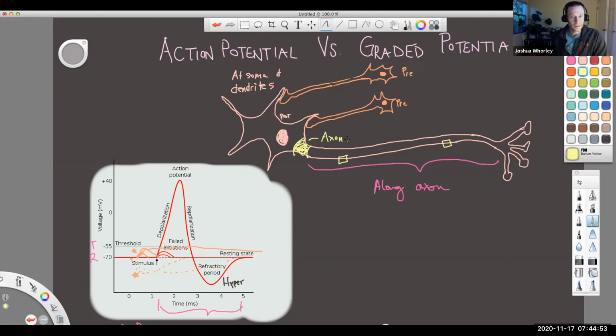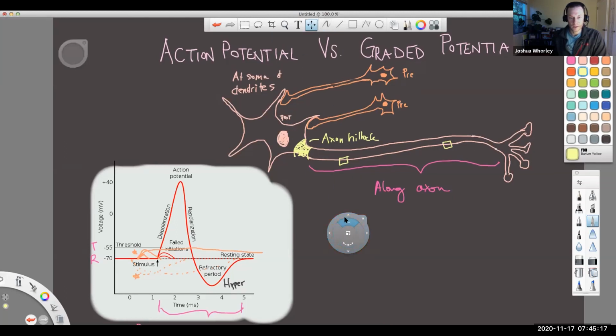If they sum in this region to threshold, then we'll get an action potential fired. And these graded potentials will now become an action potential, but they just spread passively through the dendrites and along the plasma membrane of the cell, rather than being reinitiated the way action potentials are.